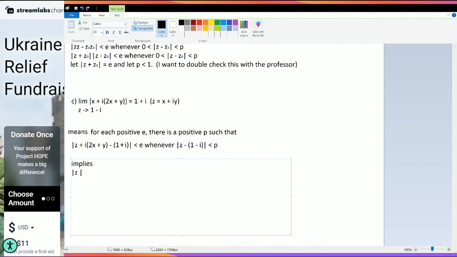So this implies that the modulus of x minus 1 plus i(2x plus y minus 1) is less than epsilon whenever the modulus of z minus 1 plus i is less than delta.